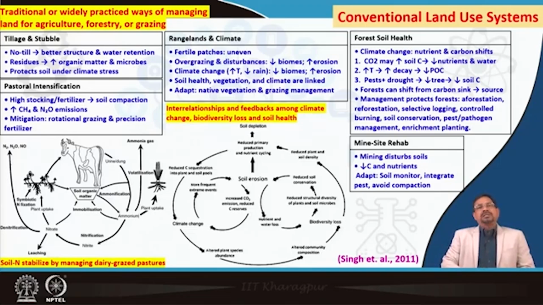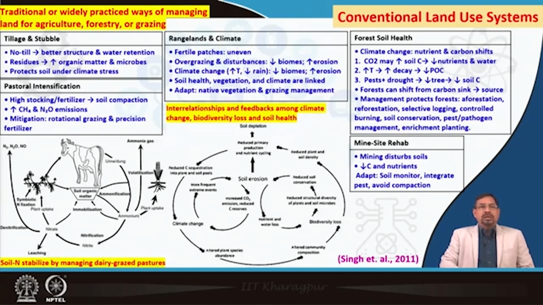So the traditional ways. What are the traditional or widely practiced ways of managing land for agriculture, forestry, and grazing? One is, we can address tillage and stubbles. We can address pastoral intensification. We can address rangelands and the climate. We can also address forest soil health and mine site rehabilitation.